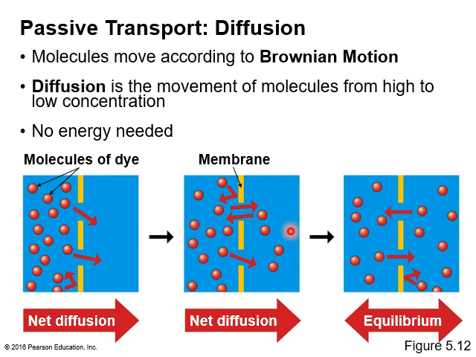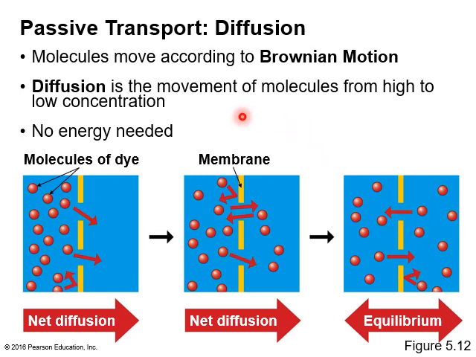So eventually what we will reach is a state of equilibrium, where there is an equal concentration of molecules of dye on the inside of the cell as there are on the outside of the cell. Right? So we go from high concentration to low concentration until there's a state of equilibrium where there's an equal amount of concentration in all different areas.